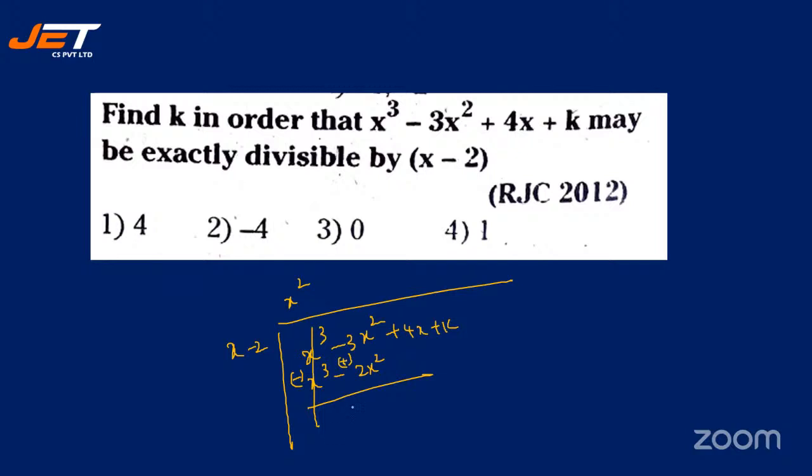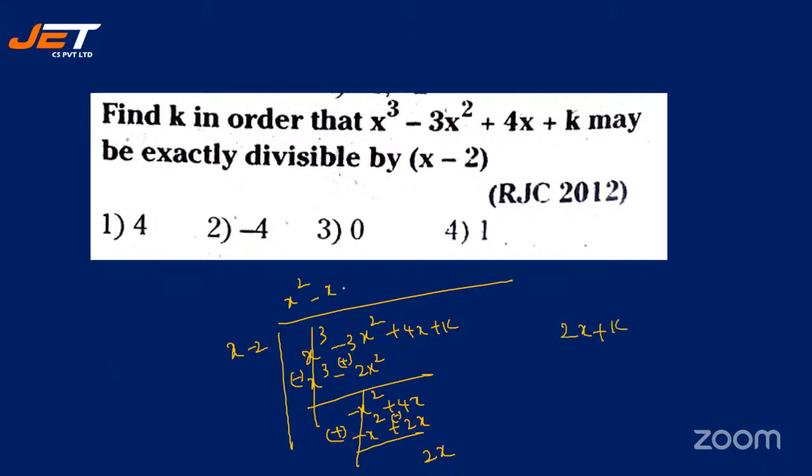We get minus x square plus 4x. So minus x will give you minus x square plus 2x. By changing the sign, we get 4 minus 2 is 2x. Let's continue here. 2x plus k.